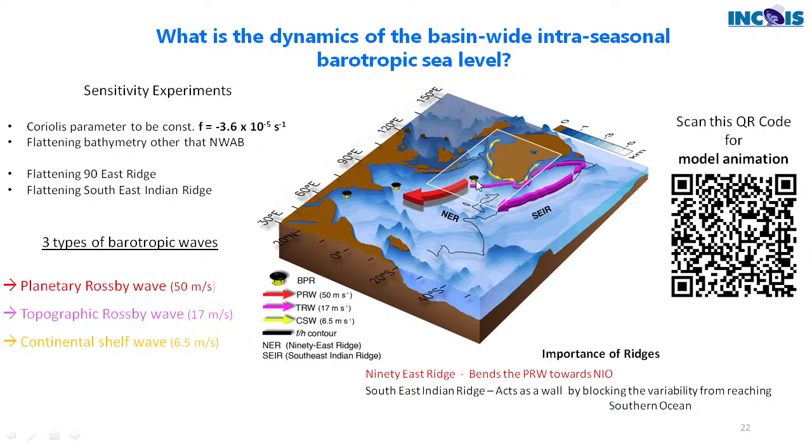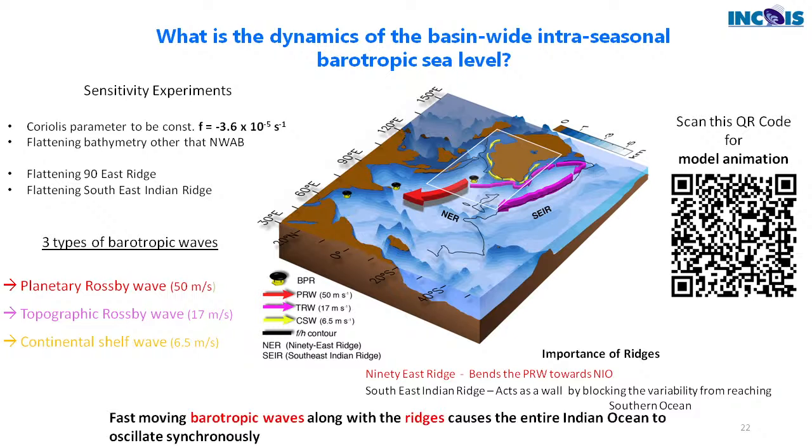This wind causes fast moving barotropic waves to propagate, which cause a synchronous oscillation in the entire Indian Ocean. So as a summary, the fast moving barotropic waves are the reason, and with the help of ridges in the Indian Ocean, they cause the entire Indian Ocean to oscillate synchronously.